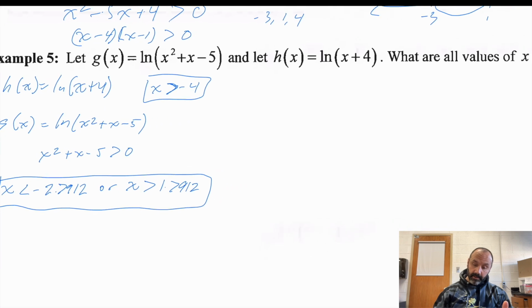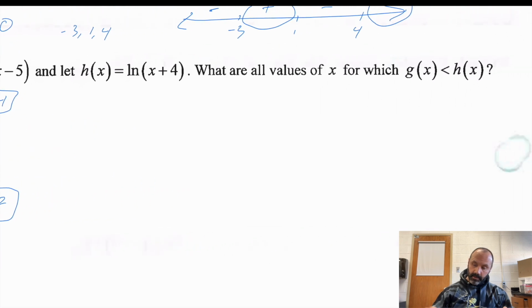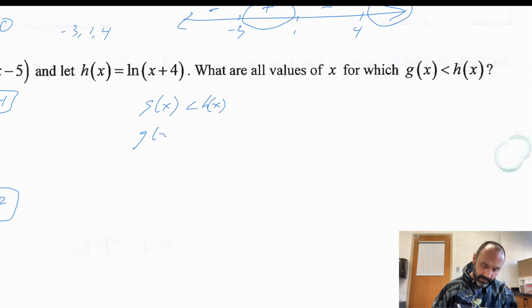Okay, so now what I do is I take these two and I'm going to have g of x is less than h of x. And so I bring them together on one side. g of x minus h of x is less than 0.